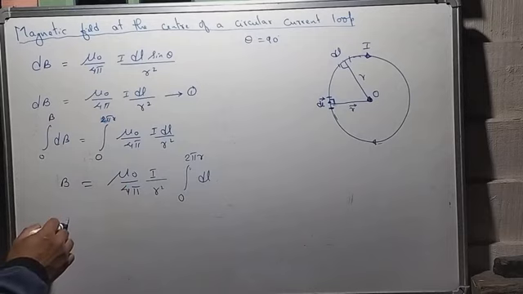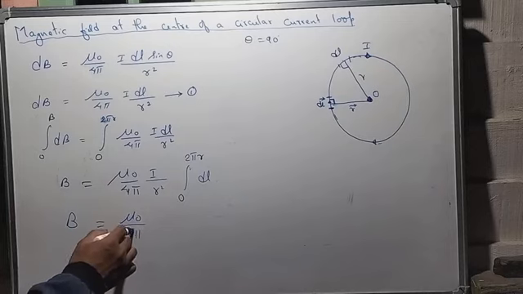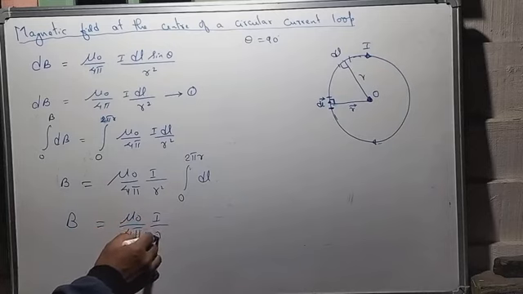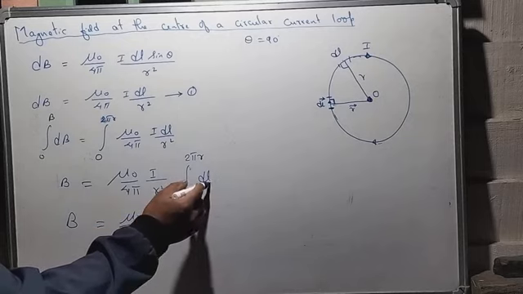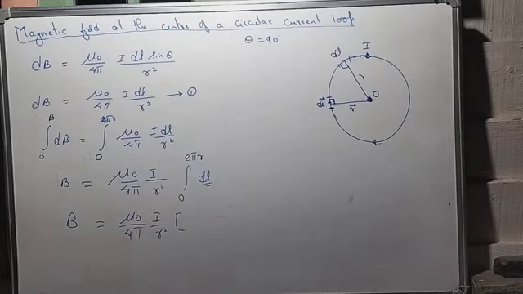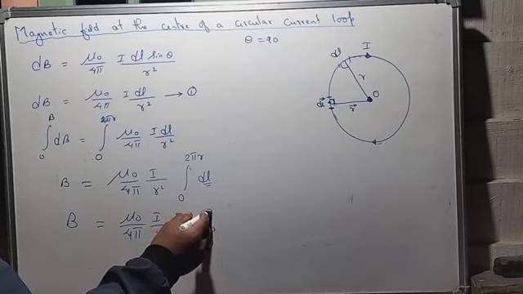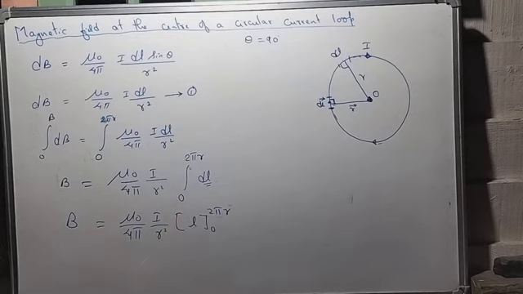Now the magnetic field at the center of the loop can be written as mu naught upon 4 pi, I upon r square, times the integration of dl. We know the integration of dx is x, so the integration of dl will be l, and the limit is from 0 to 2 pi r.